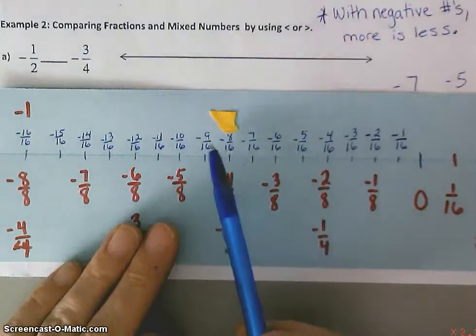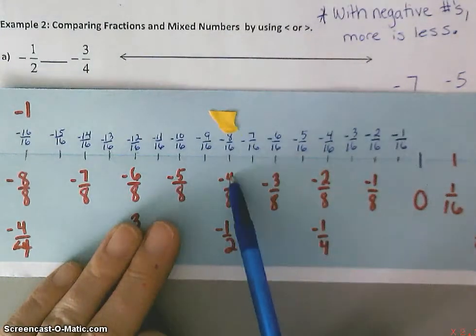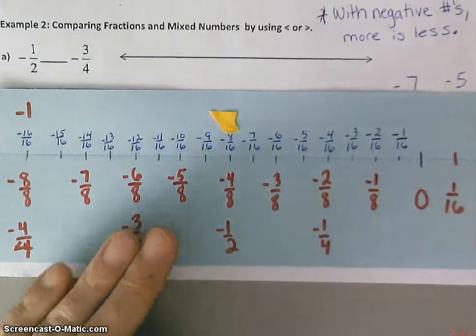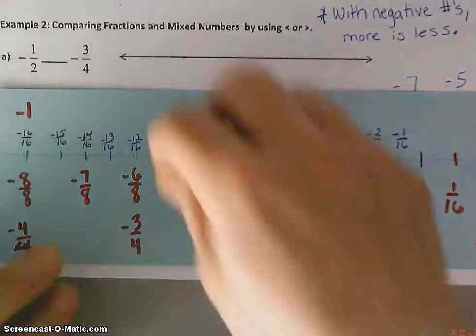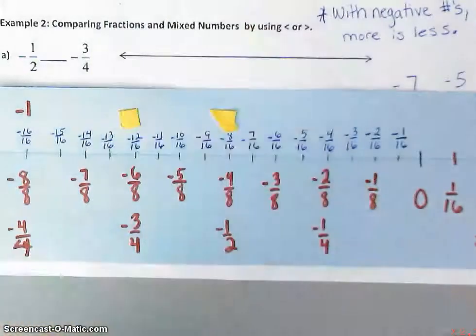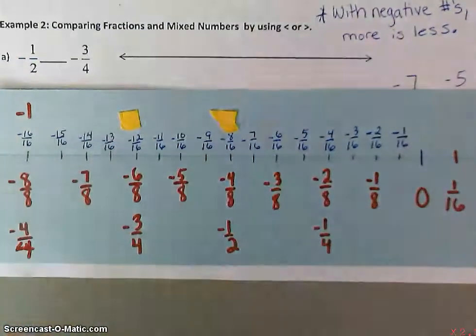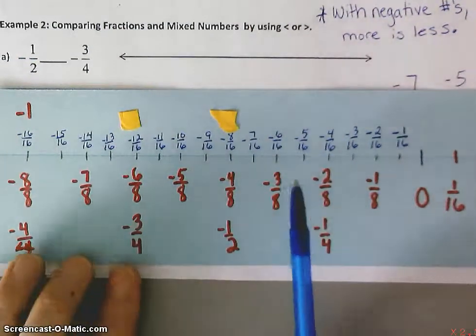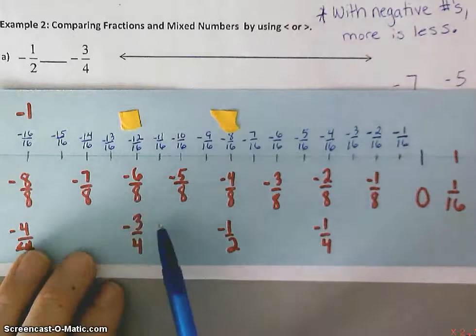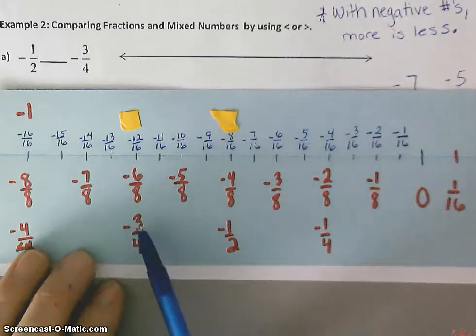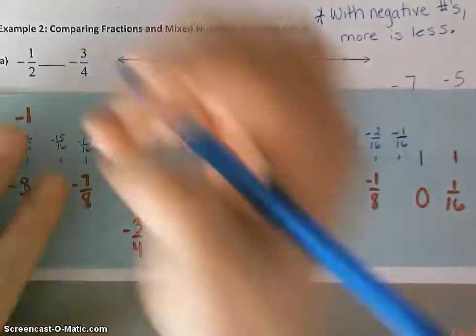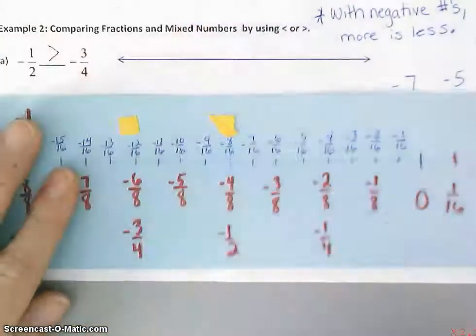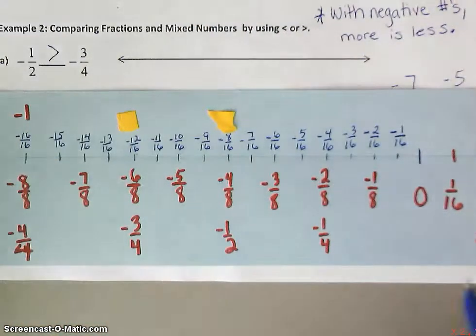Notice it says -8/16, but it's also equivalent to all of those fractions as well. And then -3/4 is right here. So I'm going to put my little mark right there for -3/4. So now I have a visual aid. And since -3/4 is more to the left, it is less than -1/2. So I have -1/2 is greater than -3/4.